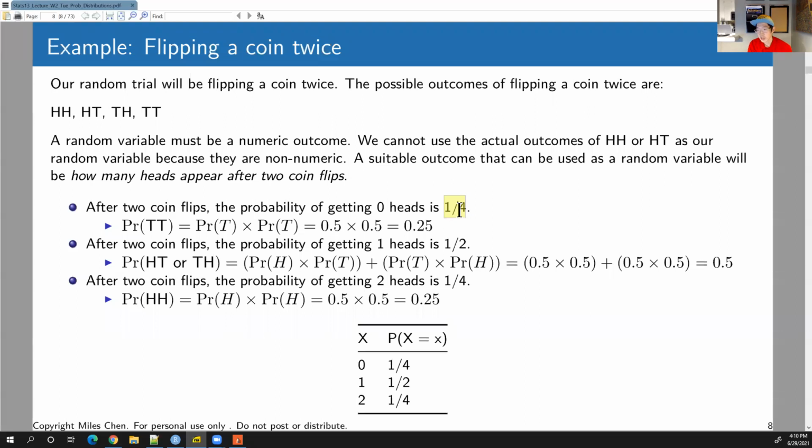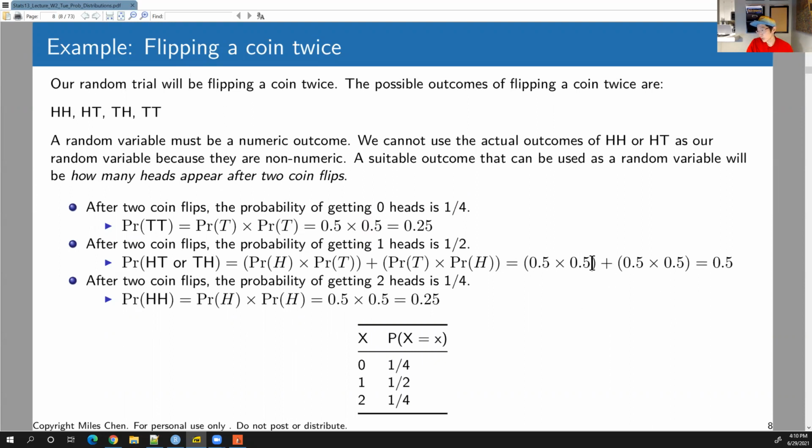And that's just applying the rules of probability, right? The probability of tails is 0.5, multiplied by the probability of tails, 0.5, so 0.5 times 0.5 is going to be 0.25, right? We could say, what is the probability of getting 1 head after 2 flips? There are 2 possible outcomes. We can go heads, tails, or we can go tails, heads.